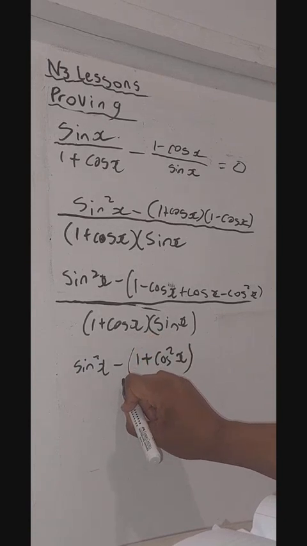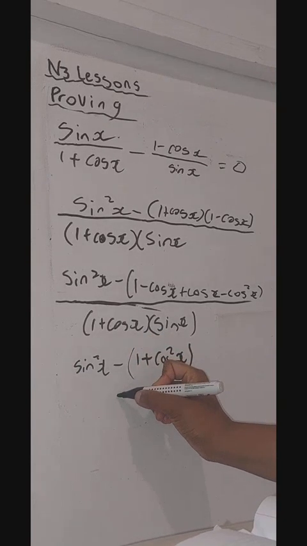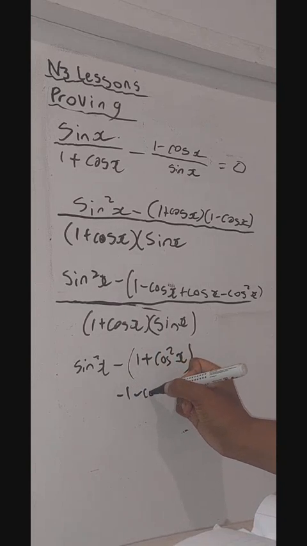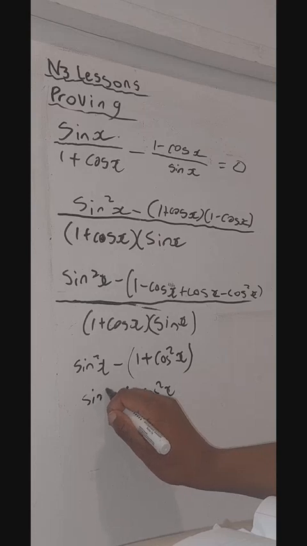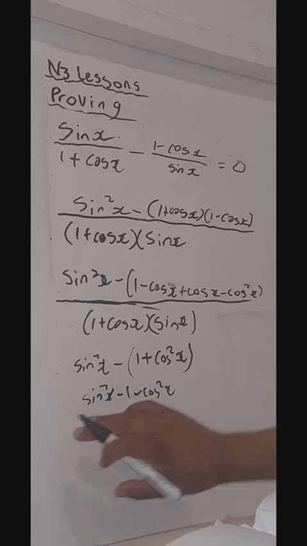So let's minus everything. So it's going to be negative 1 minus cos squared x over sine squared x.